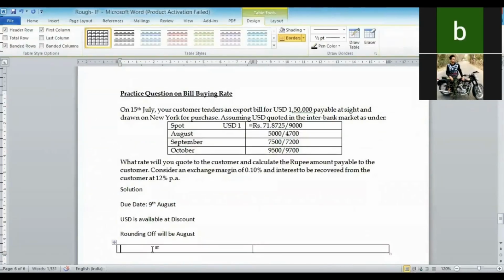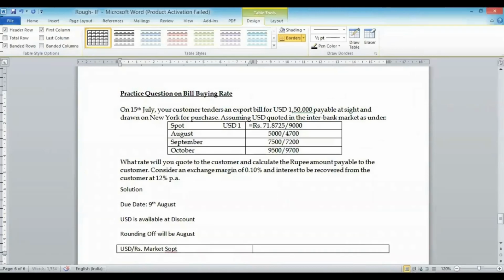What we can write? USD oblique rupees market spot buying rate.